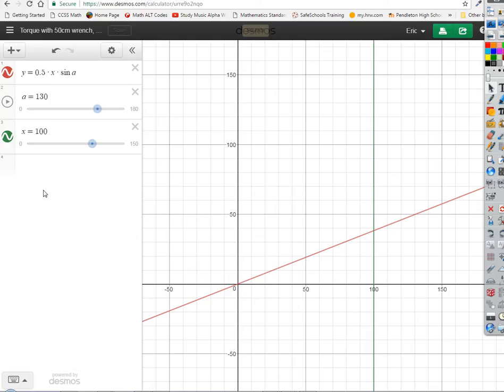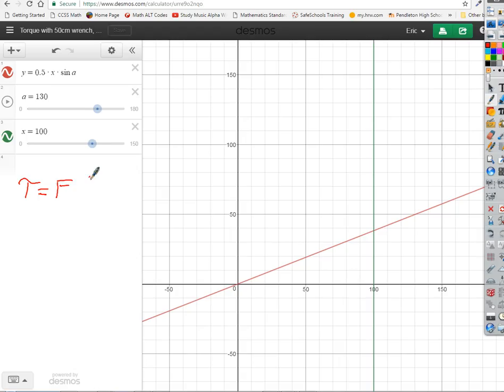So we've got the equation, torque equals force times lever arm, right? The force is going to be X. Well, I better write it in terms of stuff that makes sense to us.